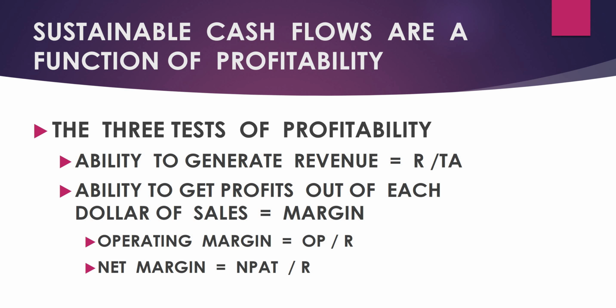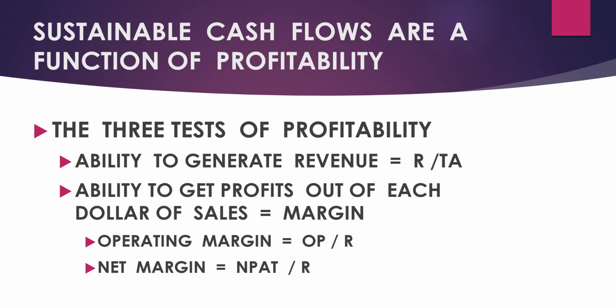Now, if we are going to talk about sustainable cash flows, these must be a function of profitability. Well, profits are generally the surplus of revenue over costs. But if you want to measure the rate at which profits are made, then there are two approaches to look at this rate.